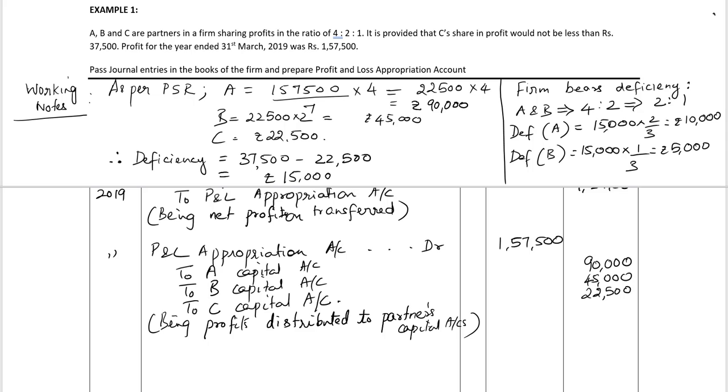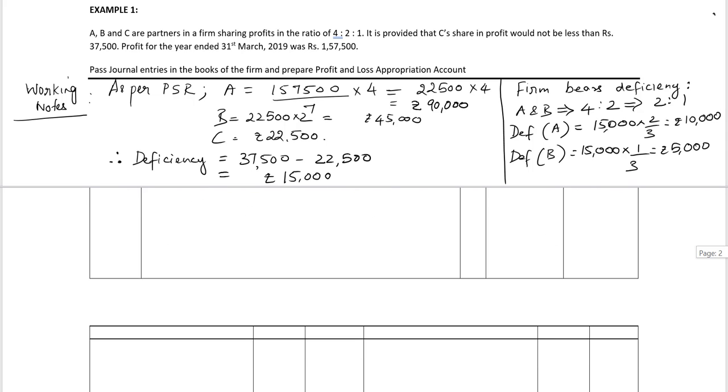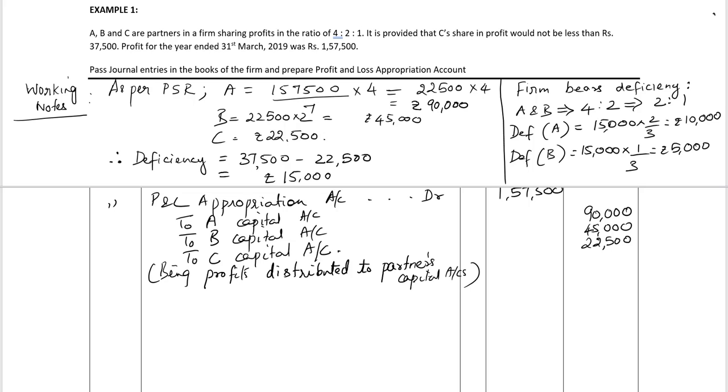And the final entry is for the guaranteeing partners to bear the deficiency. A and B are going to bear the deficiency. So A's capital account debit, B's capital account debit, to C's capital account.